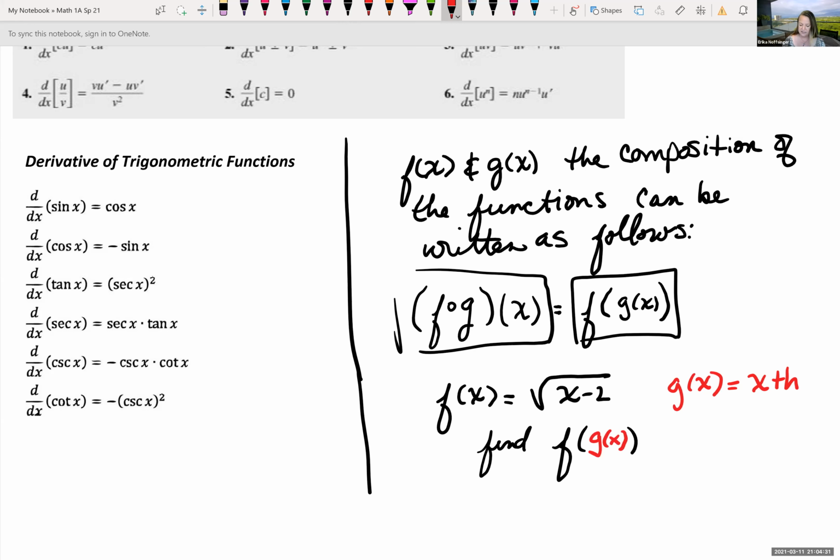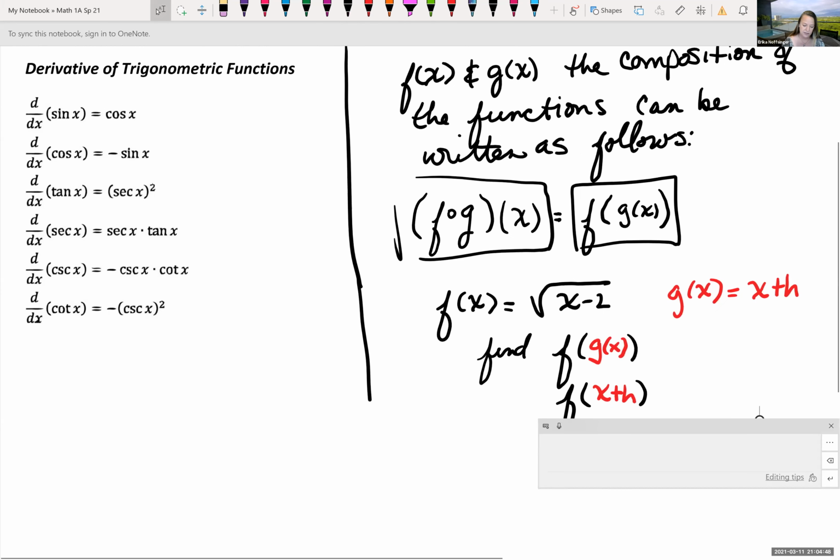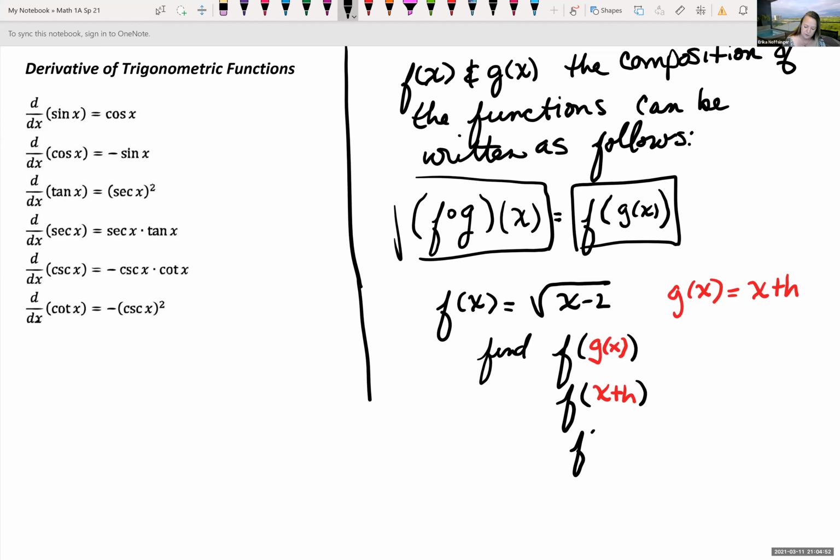So if we find f of g of x, this is saying we're looking at f, and wherever we see an x in f of x, we're plugging in what g of x is, x plus h. So f of x plus h is equal to the square root.